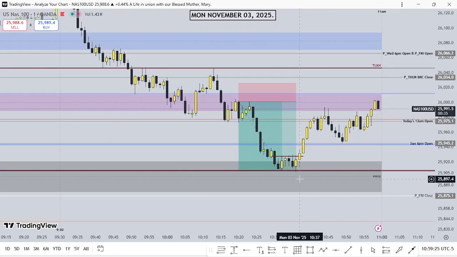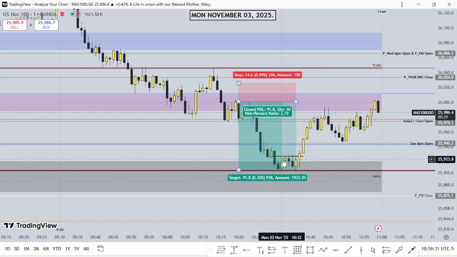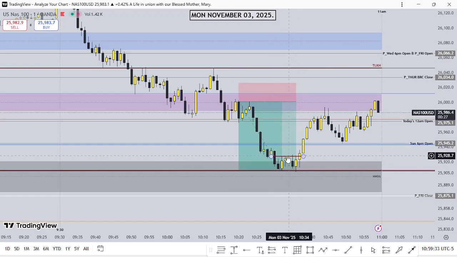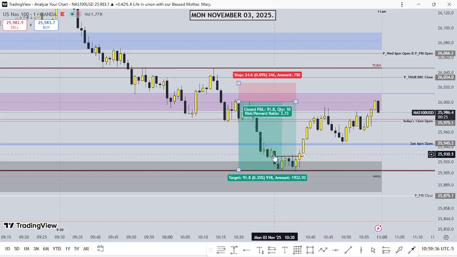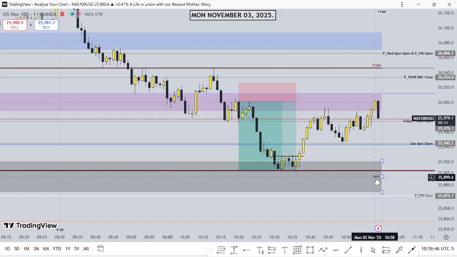Yeah, so this was exactly where price took me out, but I stayed back. So I drew out this level here, and I was interested in seeing how price would react to this level. Let's say you have your TP here, or you had it much deeper into the new week opening gap.